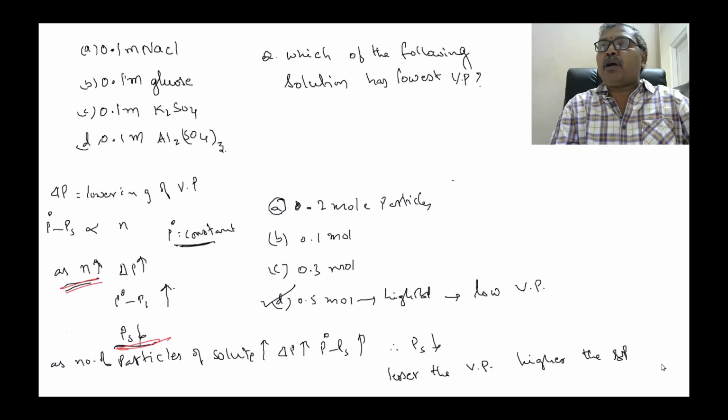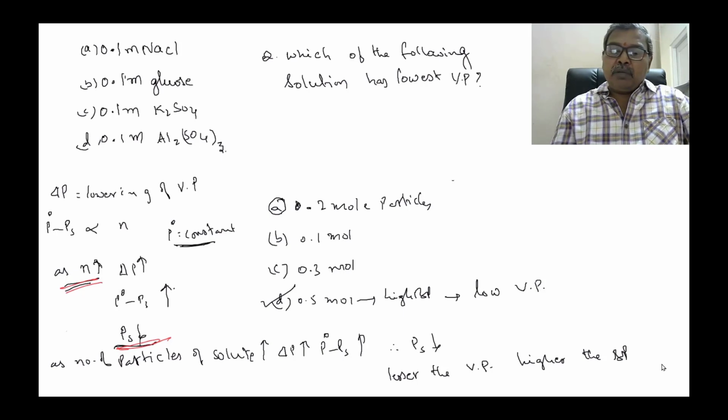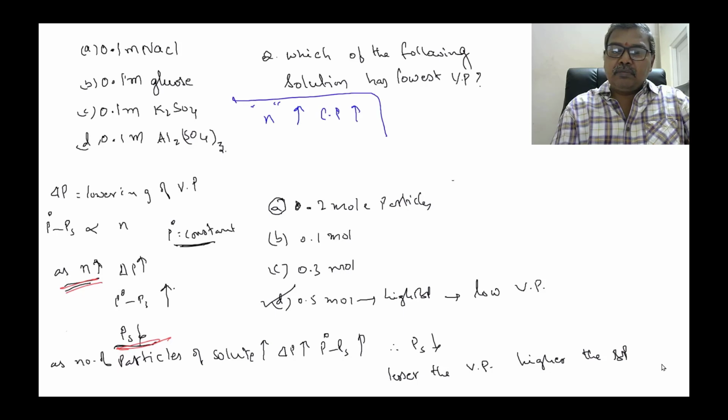Based on the number of particles of solute present in the solution, you decide the answer. Remember, as number of moles of solute increases, as number of particles of solute increases, colligative property increases. I will explain you later also.